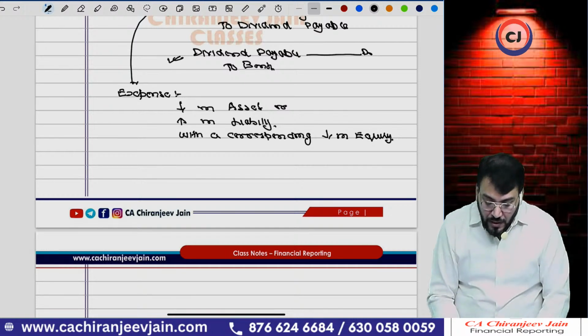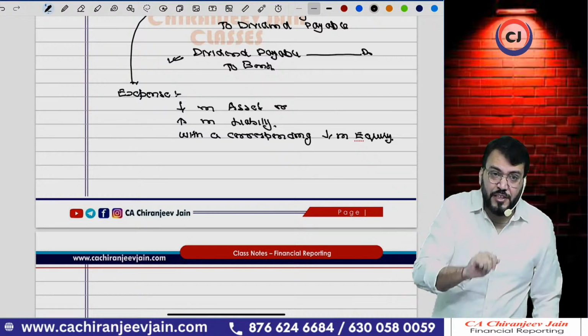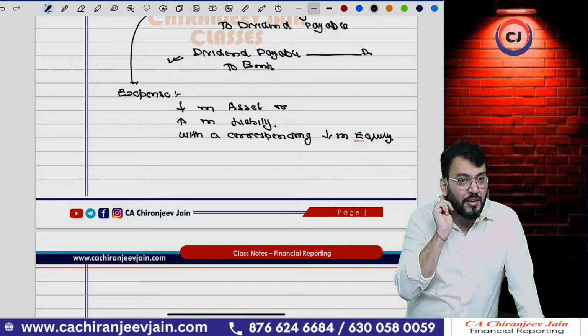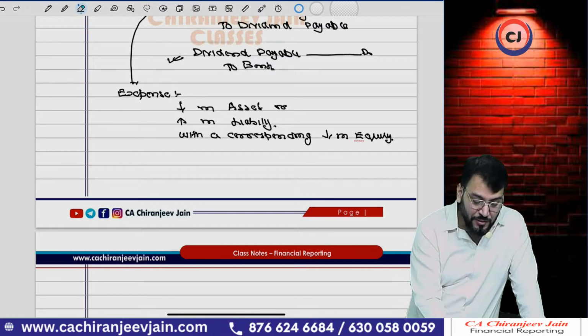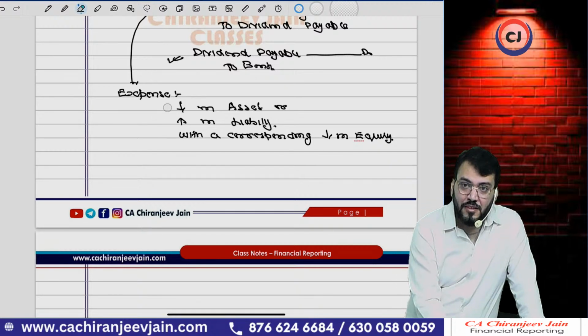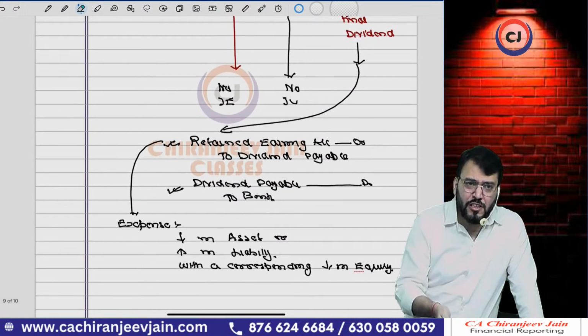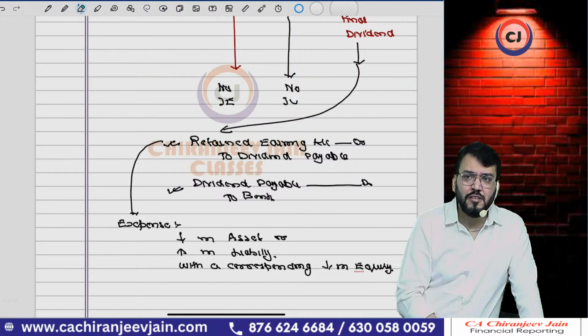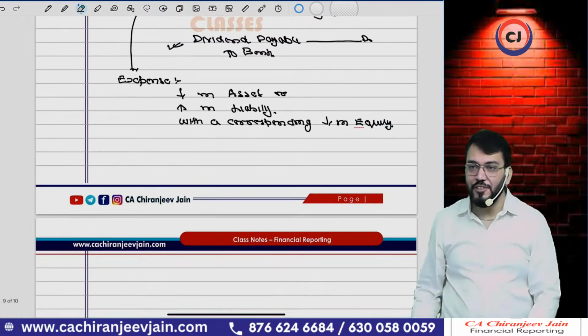If this is the only definition, apply it to dividend. Dividend means you are paying something, so that is a decrease in asset, and your equity will decrease. Then it also becomes an expense. But this is not the complete definition.